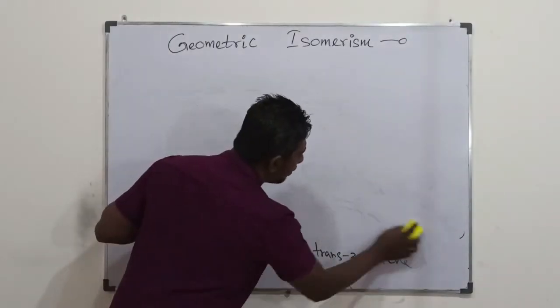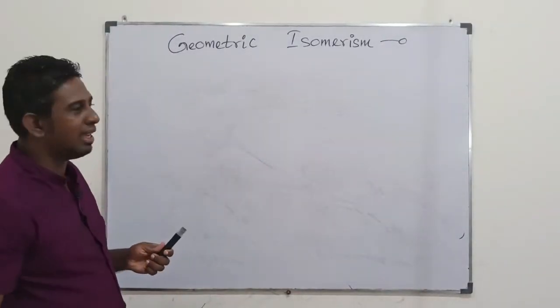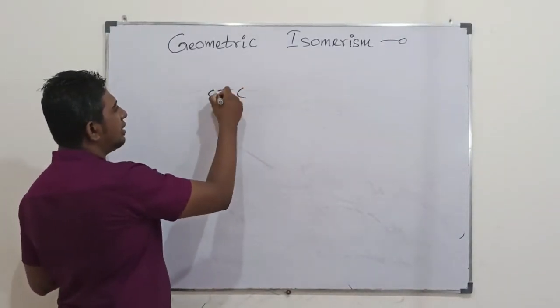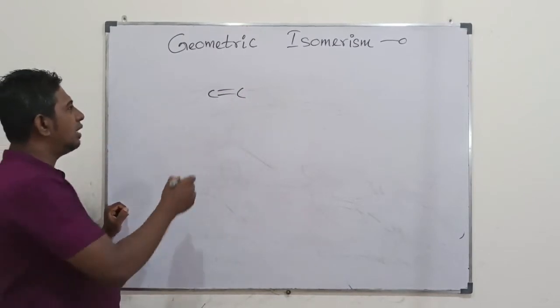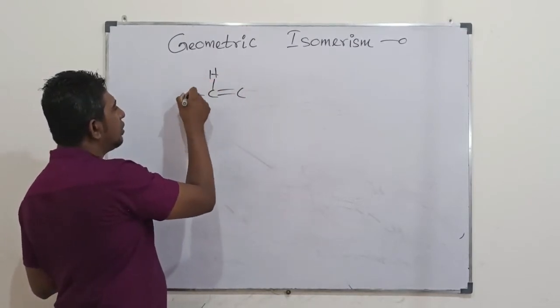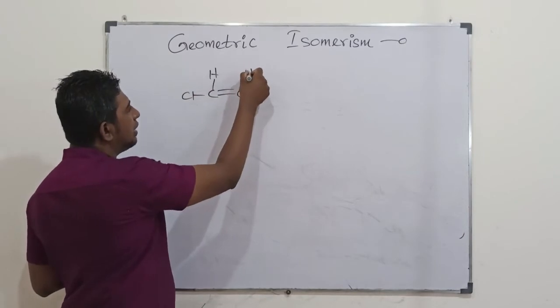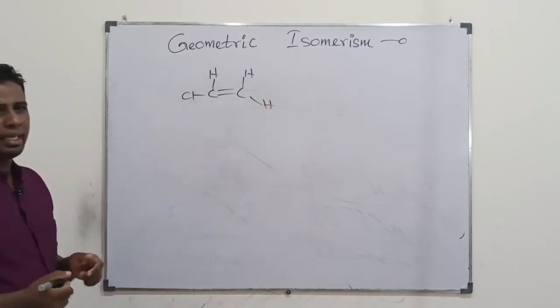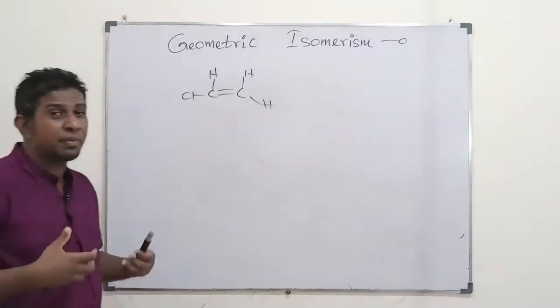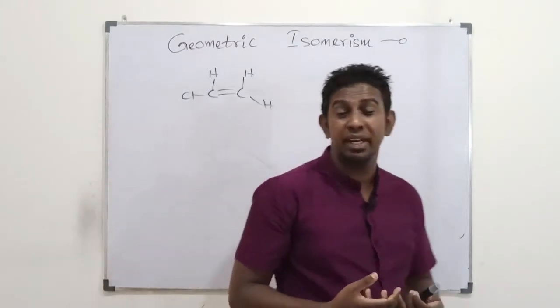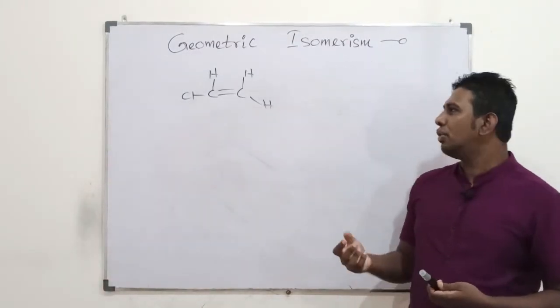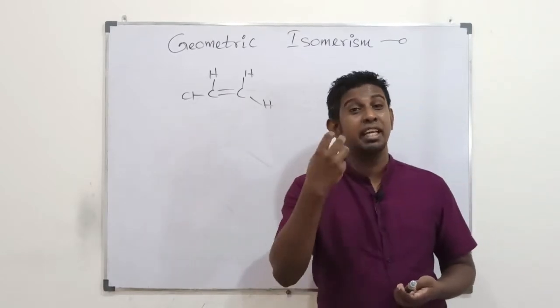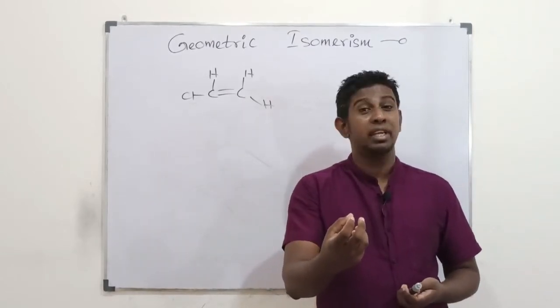Students, when you have a structural formula like this, it is a carbon-carbon double bond, it is a hydrogen-chlorine, hydrogen. Then it's not satisfying our basic requirements. What are the basic requirements? So first you need to have a carbon-carbon double bond hindering the free rotation.